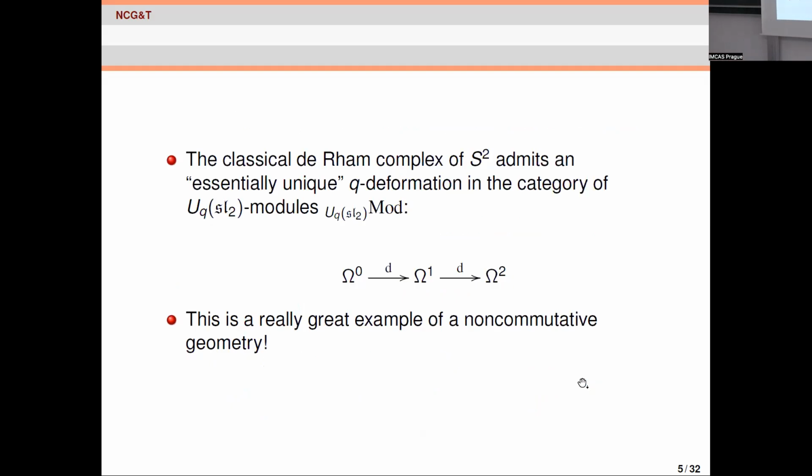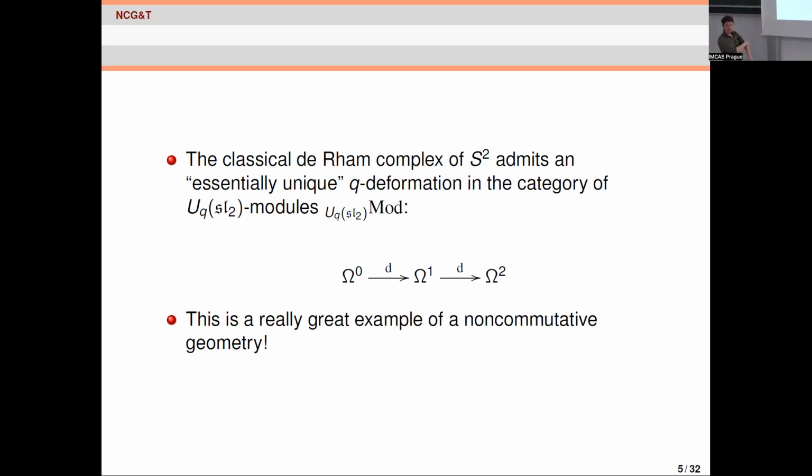Now, classically, the de Rham complex of S^2, it's a differentiable manifold, so you can consider the one-forms, you can consider the extension of this to the de Rham complex. And you can ask then, if we're able to deform the line bundles, can we deform the de Rham complex of this thing? And in fact, we can. There's a direct non-commutative quantum generalization of the de Rham complex.